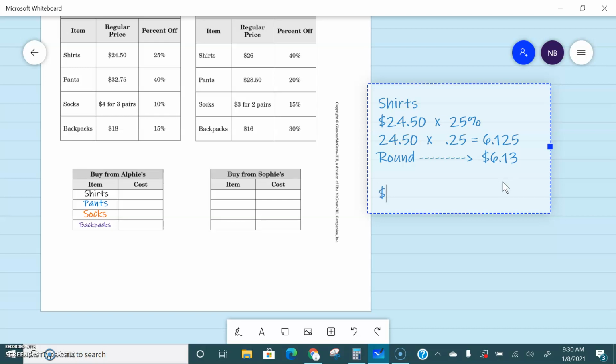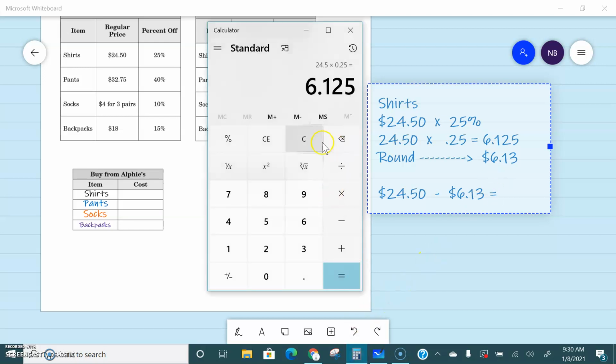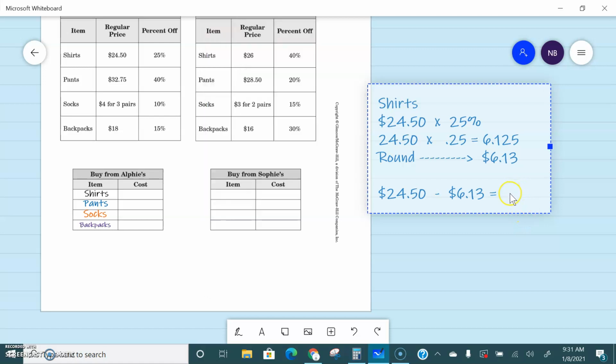Now we're going to take the $6.13 and take that off of the total price. So it's $24.50 minus $6.13, and we end up with $18.37.